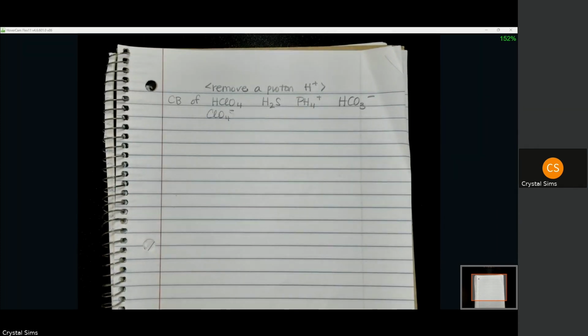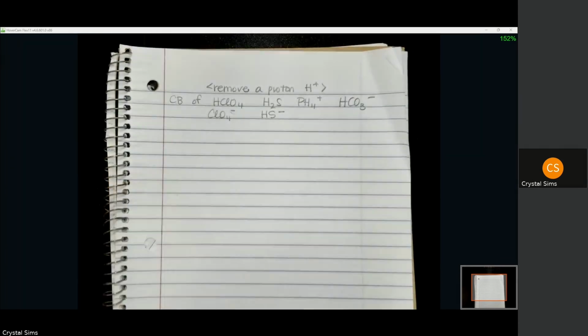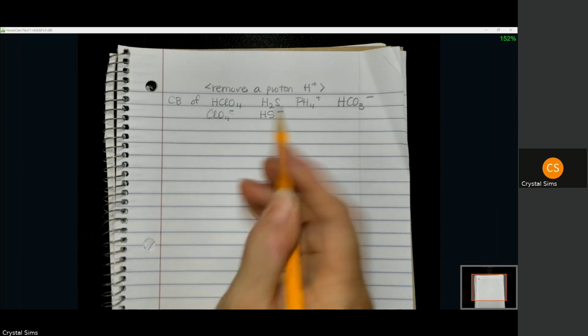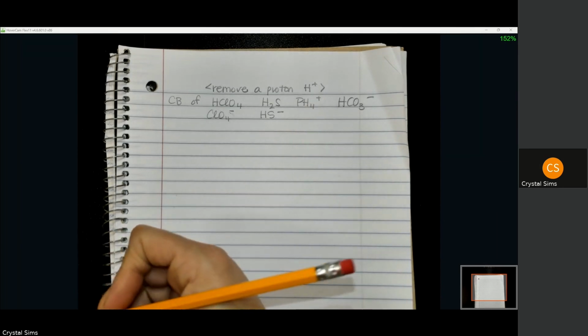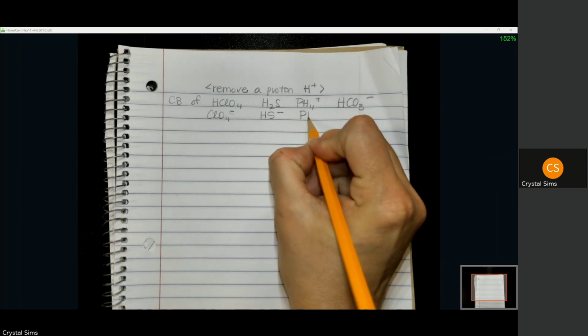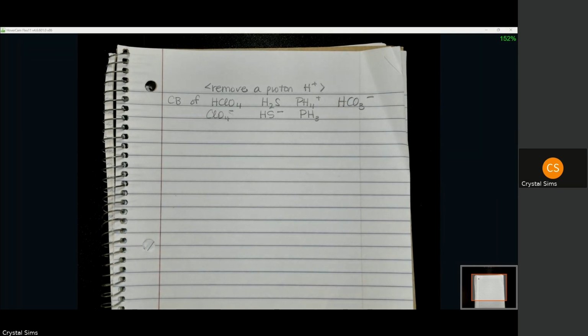H2S has 2 hydrogens. We will take one of those away, and again, that's going to leave us with a negative charge there. For this one, the PH4 plus, we have a plus there already, so when we take away a hydrogen, we'll have 3 left. That plus sign is going to go with it. So we're just left with PH3.